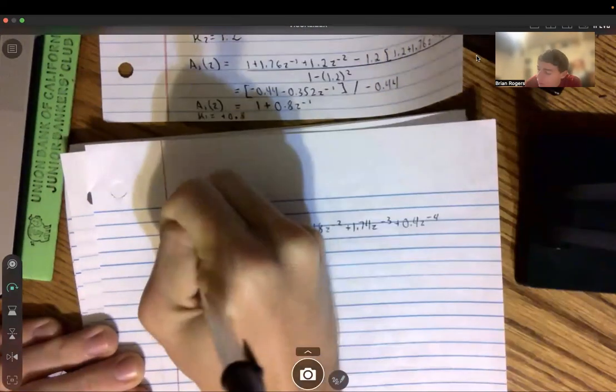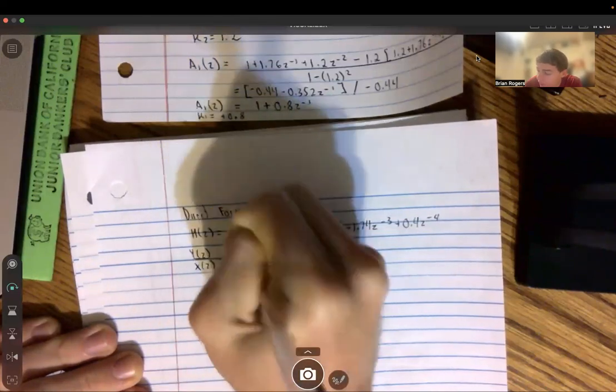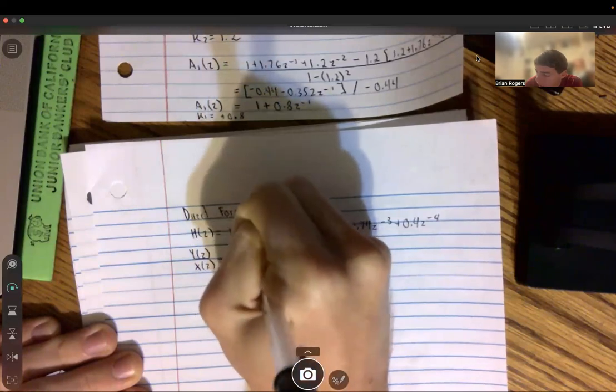So this is the output over the input. So Y of z over X of z is equal to basically all this again.